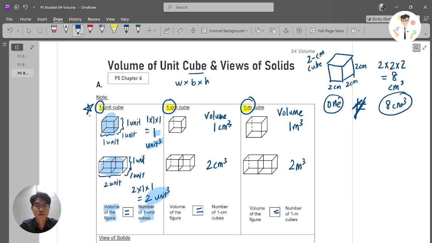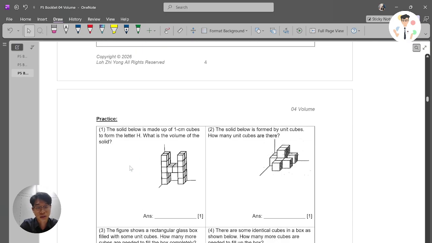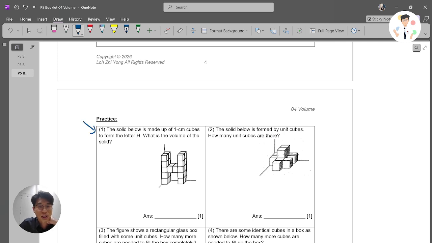Now, if you look at the question, then you will notice this is something that's important to know. Here, the solid, for example, this question: the solid below is made up of 1 cm cubes to form the letter H. What is the volume of the solid? Now, if you are asked to find the volume of the solid, is it possible for you to find the base, the width, the breadth, the height, all these things?